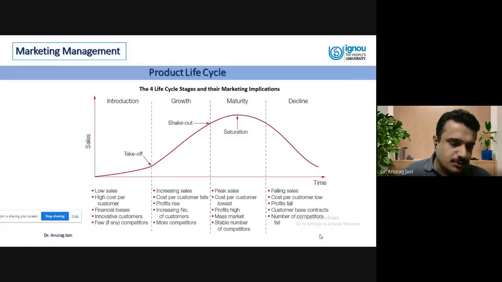Swiggy and Zomato are both very active players in online food ordering, right? You can order food using Zomato or Swiggy, but there was a gap which existed in the market.